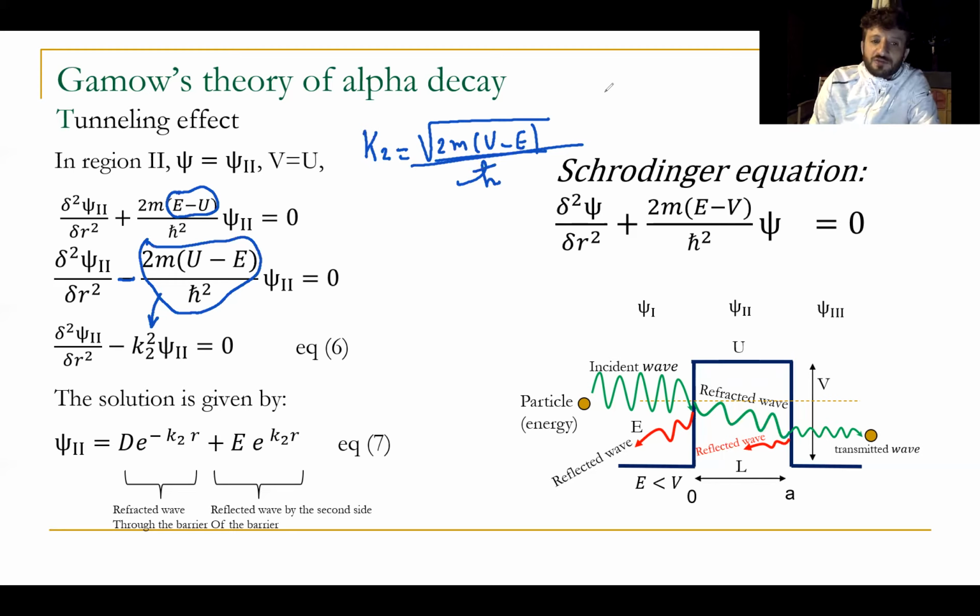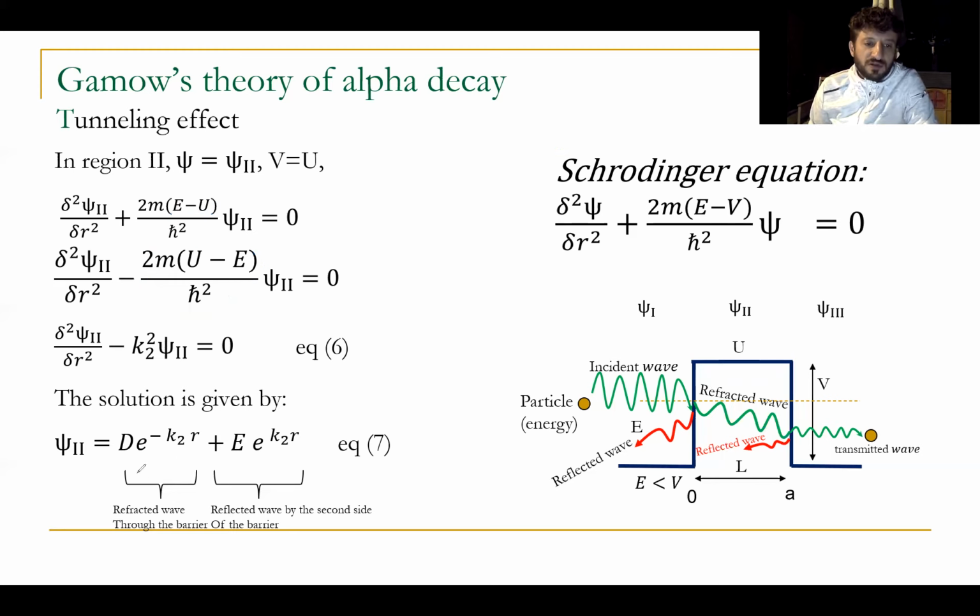The solution has two terms, one for the wave and the second one for the reflected wave: D exponential minus k2 r plus E exponential k2 r. A, B, C, D, E are constants. Maybe if we have time, we have to calculate them.